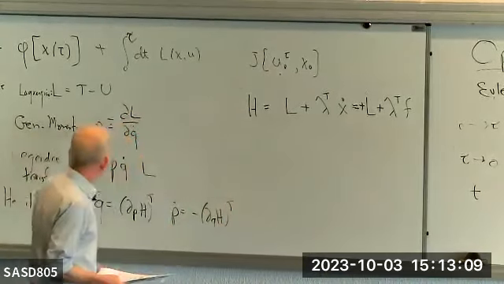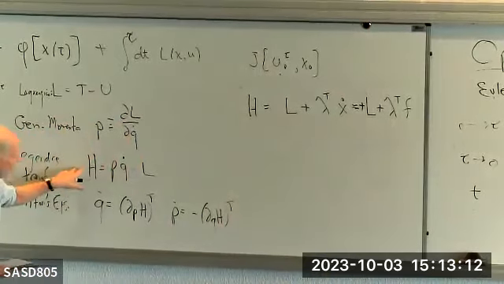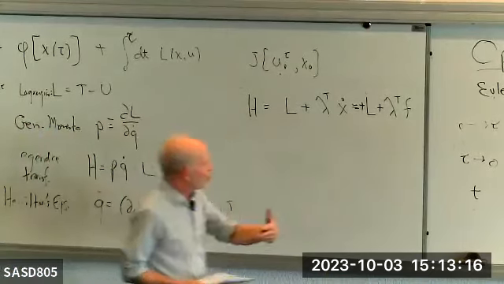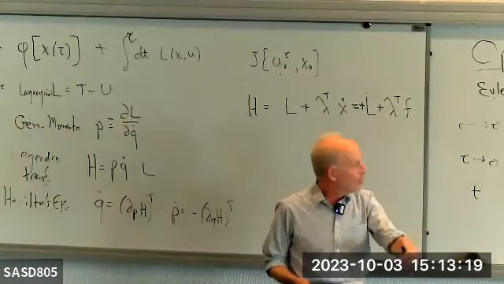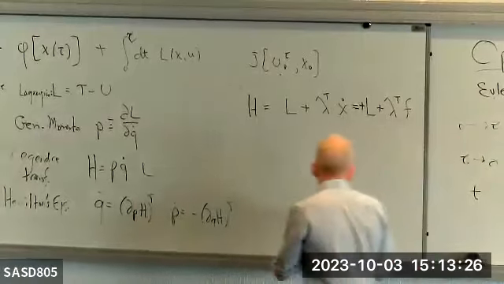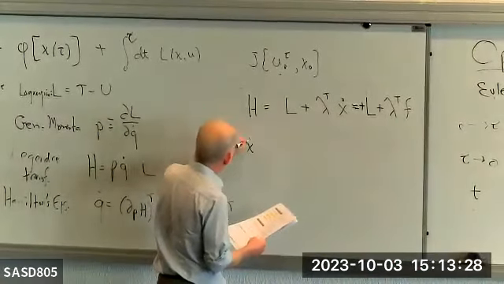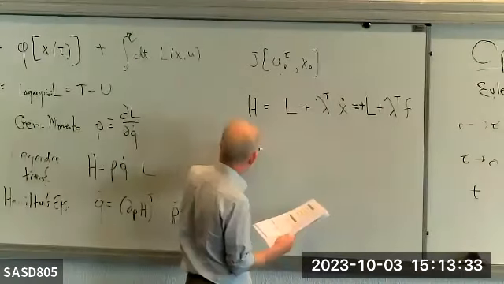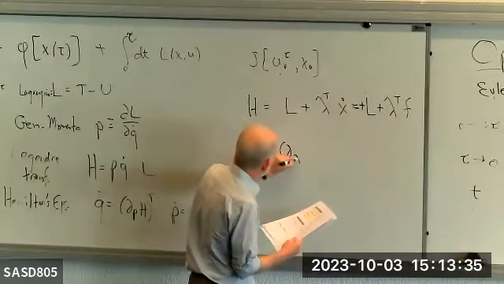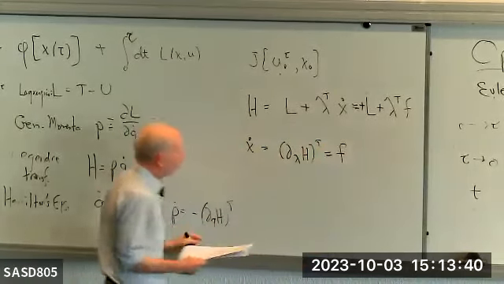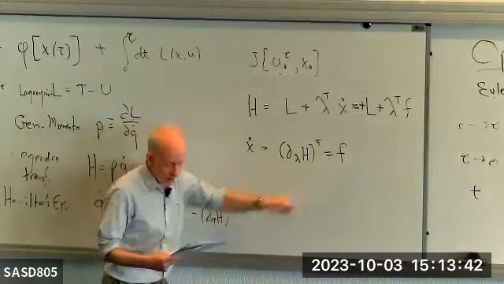You can go through and either directly derive Hamilton's equations through stationary action, or take these equations here and rewrite them in terms of the Hamiltonian, and they're equivalent. If we define H this way, then x dot is dlambda H transpose, which is just f. That's our original equations of motion.